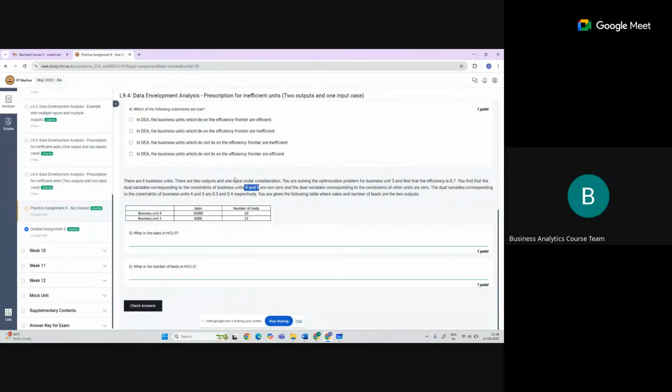The dual variables corresponding to the constraints of business units 4 and 5 are 0.3 and 0.4 respectively. Now tell me, what is the sales in DMU3? You have 0.7 efficiency. From 0.7, you want to move towards 100% efficiency. So what do they have to do? Do they have to sell more or less?